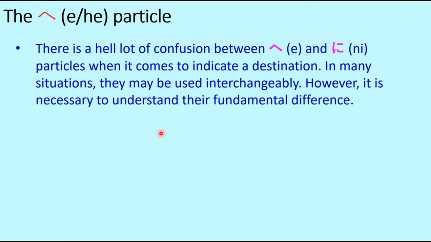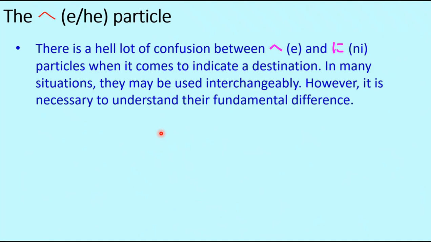And believe me, there is a hell of a lot of confusion between these two particles when it comes to indicating a destination. In many situations, they may be used interchangeably because there is a very fine line of separation between the two, which many times goes unnoticed by the speaker. However, it is very important to understand their fundamental difference.